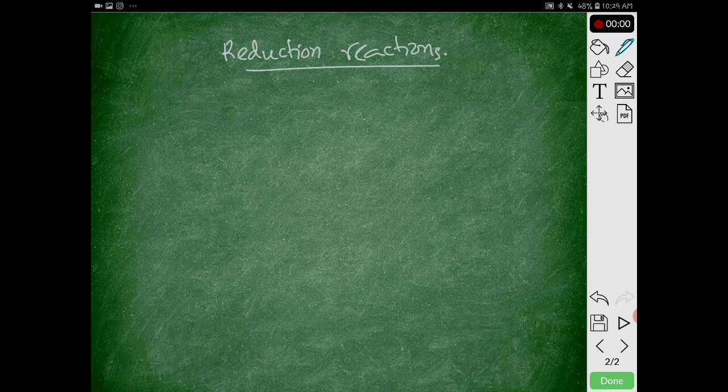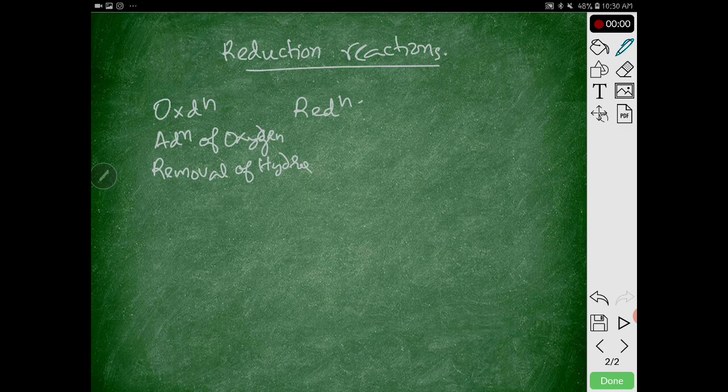We need to recall what is oxidation and what is reduction. Oxidation could be told as addition of oxygen or removal of hydrogen. This is the old concept, and now loss of electrons is what we call oxidation.